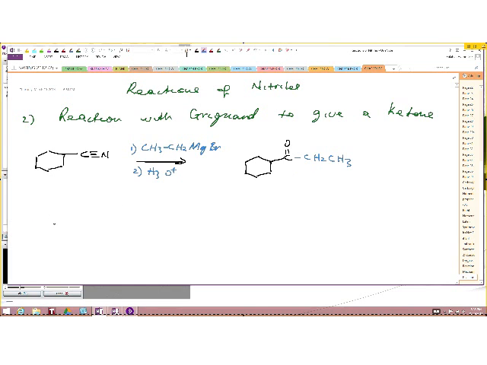If you want another example, say this here. And we could use benzene magnesium bromide as a Grignard reagent.